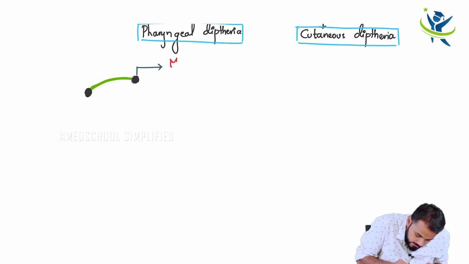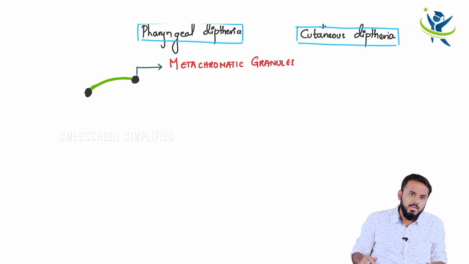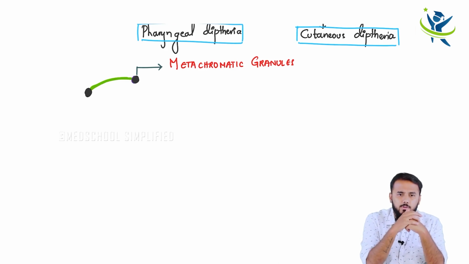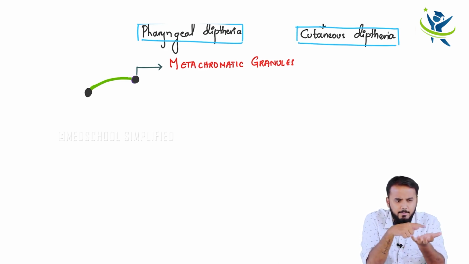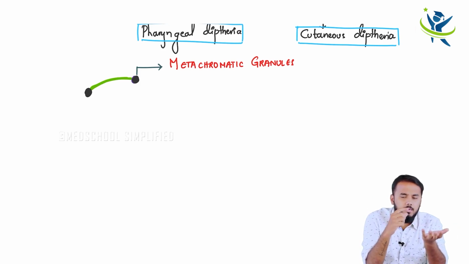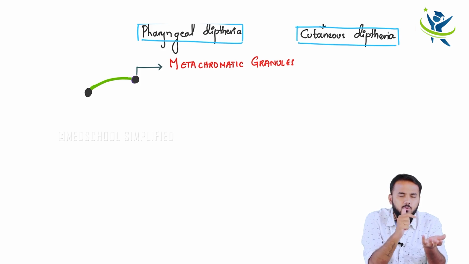Metachromatic granules. Why do you call them metachromatic granules? Listen very carefully. For example, there is a bacteria here, not Corynebacterium, some other bacteria. Now, when I add a dye to that, for example, a red color dye, because I want to see if there is bacteria really there in that agar plate or not.